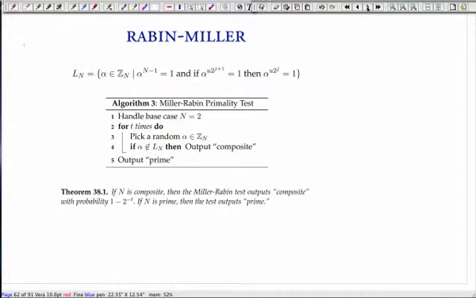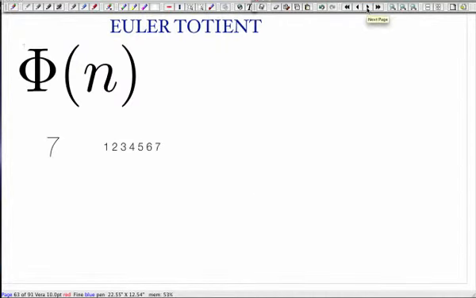All right. So, final idea is this Euler totient function. Okay? And this function, it's called phi of n. I'm sure all of you know your Greek letters better than I do.